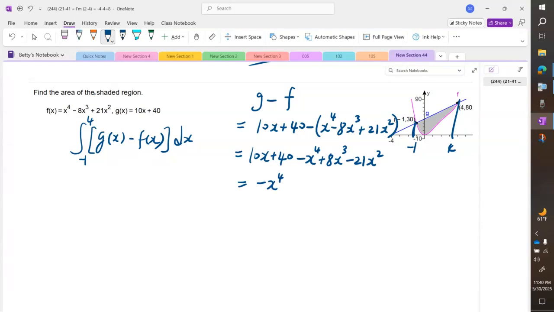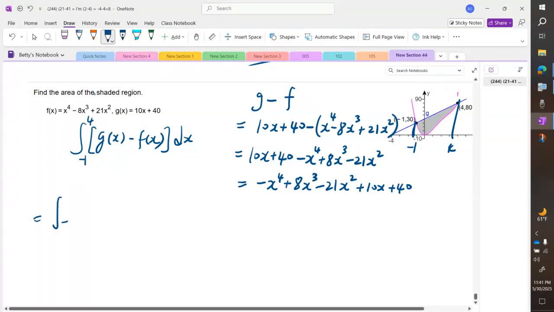That's negative x to the power 4th plus 8x cubed minus 21x squared plus 10x plus 40. Let me double check. Okay. And from -1 to 4.